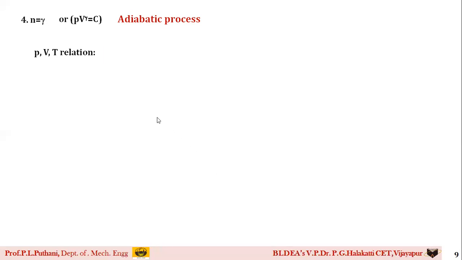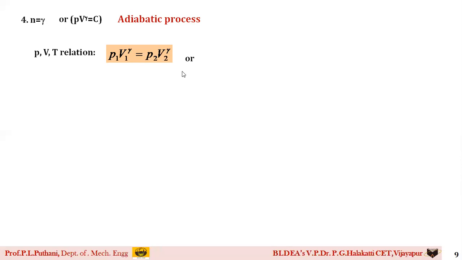Then the fourth process, n is equal to gamma. N is equal to gamma in the sense it is an adiabatic process. For an adiabatic process, the PV relation is PV to the power of gamma is equal to C. And the PVT relations, we will be getting 3 types of PVT relations, students. With respect to pressure and volume, I write it as P1 V1 raised to gamma is equal to P2 V2 raised to gamma.